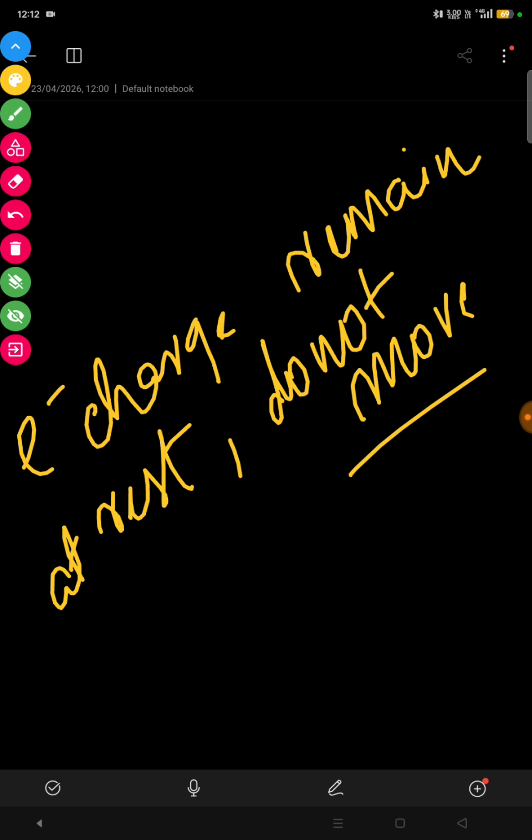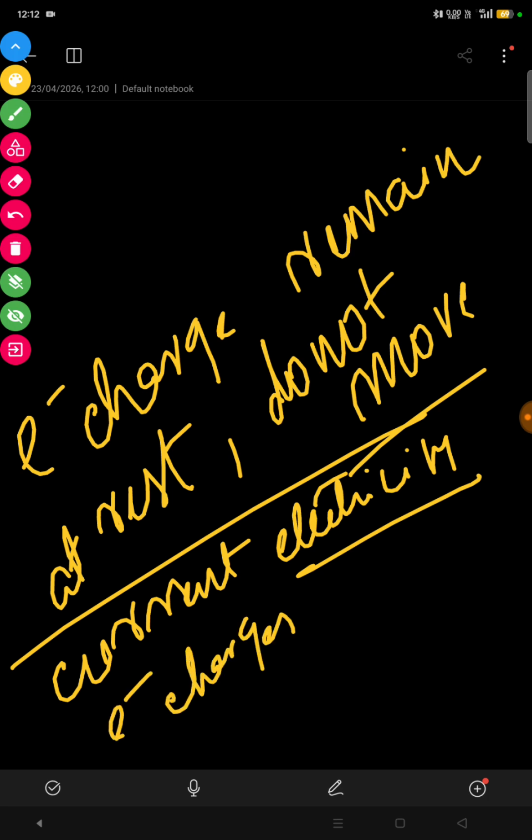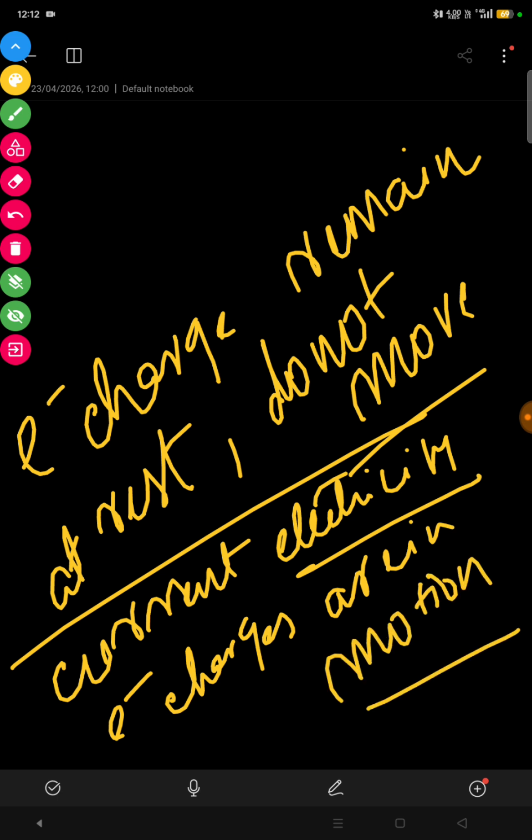But what happens in case of current electricity? In current electricity, the electric charges are in motion, and they produce an electric current.